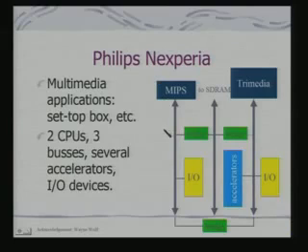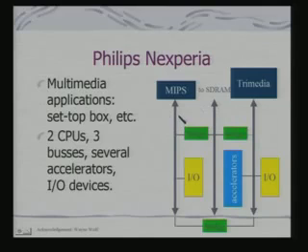So examples: I had already started with this, referring to Philips Nexperia. Here we talked about the Trimedia CPU from Philips, and the MIPS processor, which is an example of a RISC processor. These two cores sit together, and you have other accelerators meant for accelerating some special functions, and these are the individual buses and buses to SDRAM and the bridge between the buses of the individual processors.